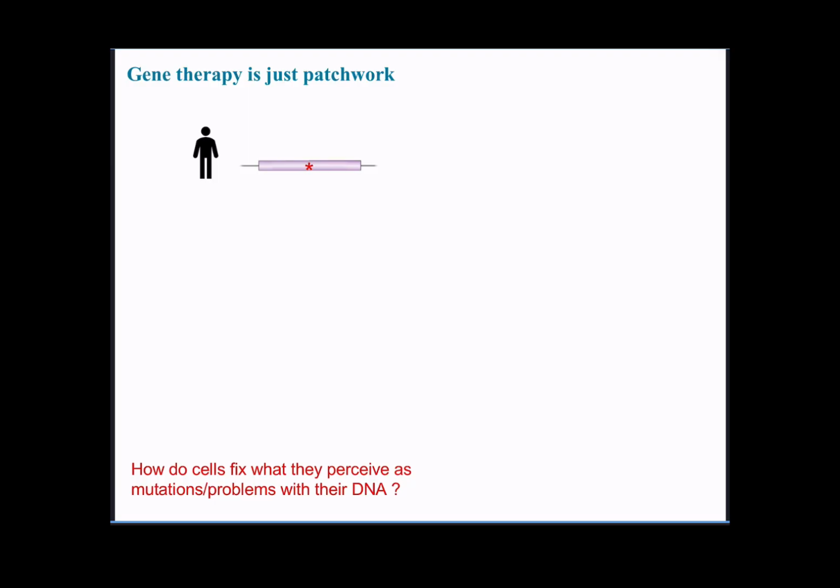So my question to you guys now is, how do cells fix sequences that they perceive to be abnormal? What mechanisms do cells use to say, there's something wrong here, I need to fix this sequence?